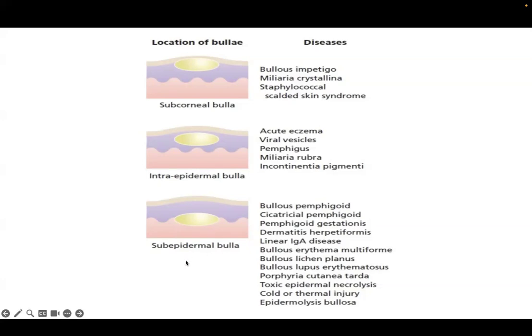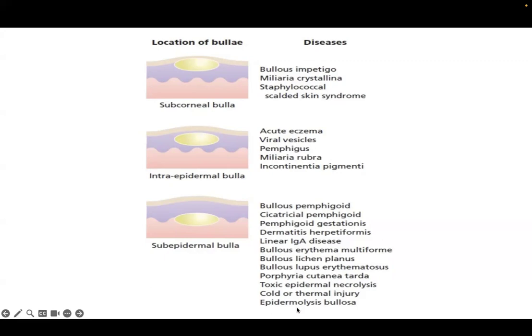And then for the subepidermal bullous disorders, we have lots of differential, including the common one, bullous pemphigoid, dermatitis herpetiformis, and some drug or infectious related process, autoimmune process like erythema multiforme.